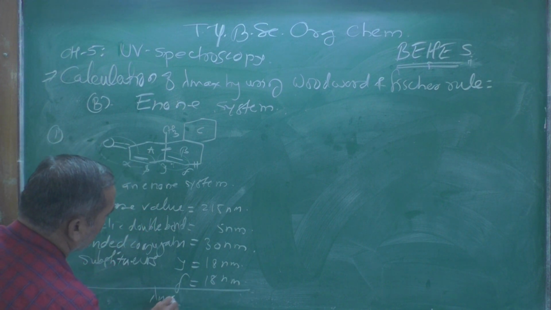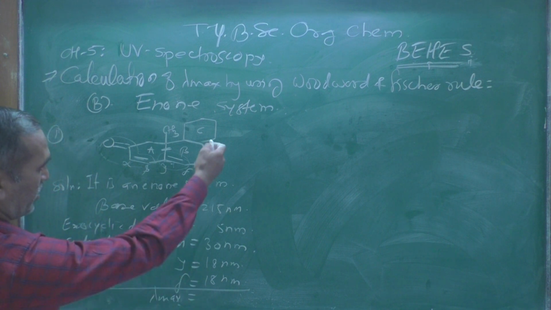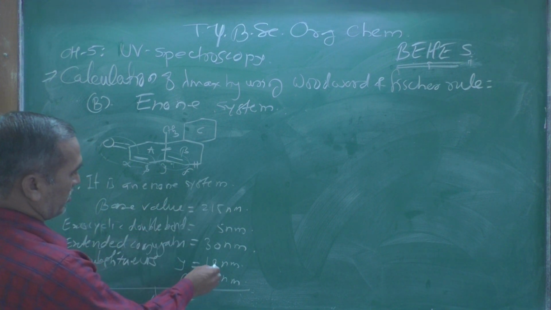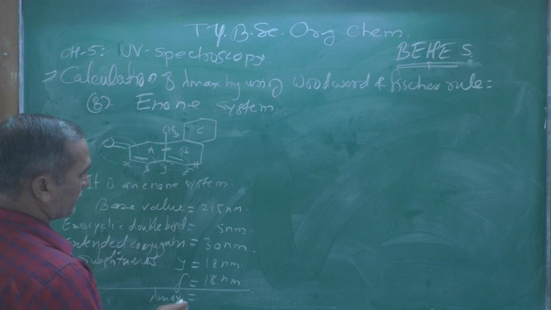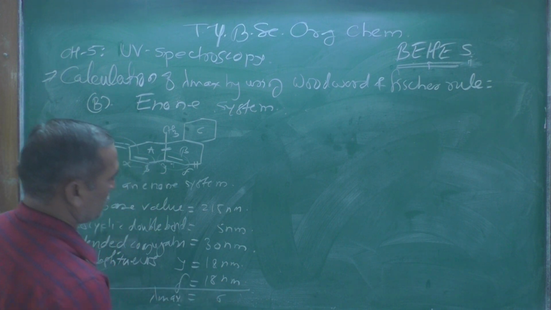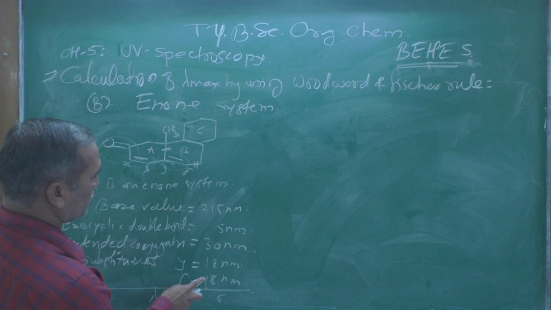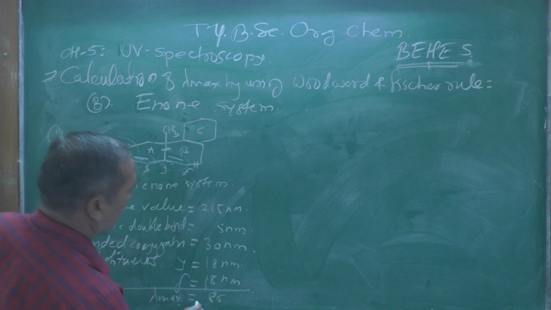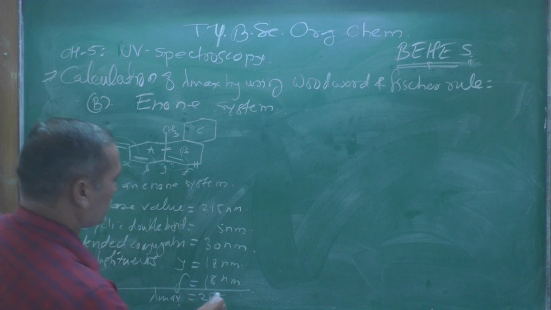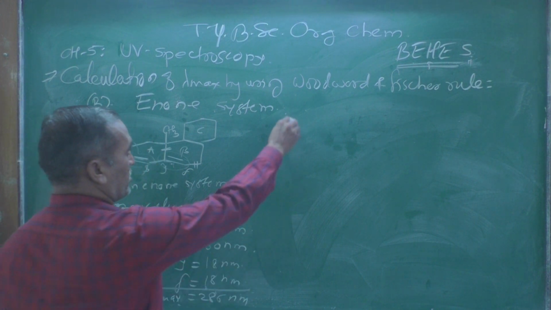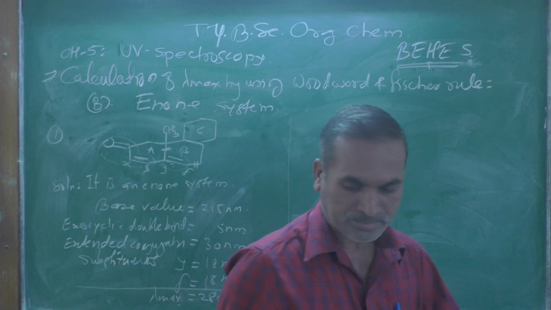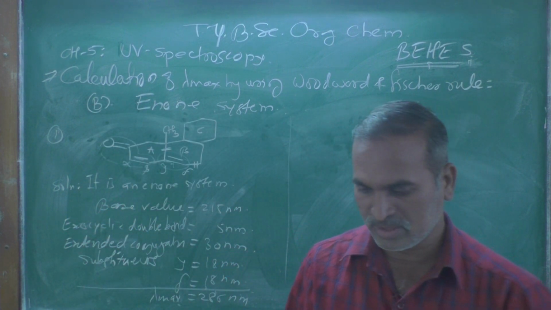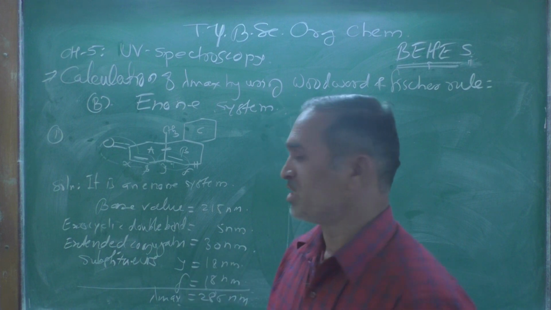Then again write systematically the maximum, and if you add 8 and 8, 16, and 10 is 26, so 6 comes here, 2, 3, 4, 5, 6, 7, 8 and 2 as it is. So 286 nanometer is the answer of this question.